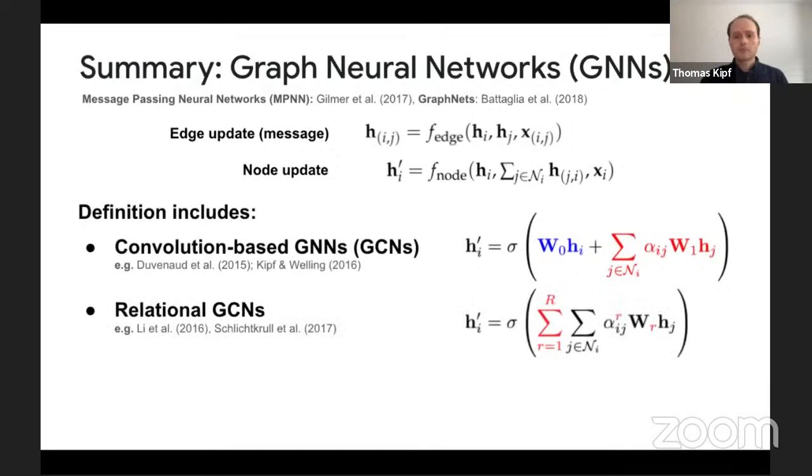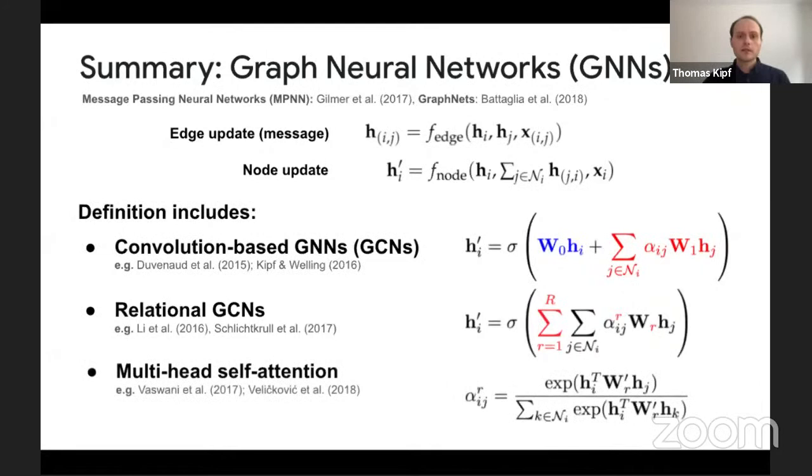Then you have relational models typically used for knowledge graphs, where you enrich that description by having a separate message function for each edge type. But also, ultimately, the most popular architectures these days are probably self-attention based, where the main difference to the architectures before is that you learn this aggregation weight as a function of your neighboring features using some softmax attention mechanism.